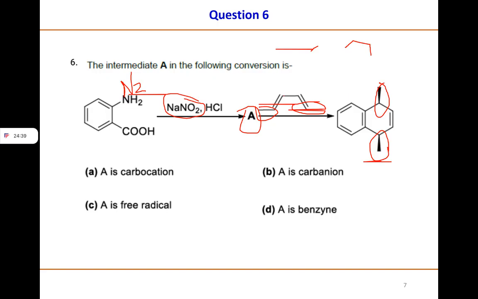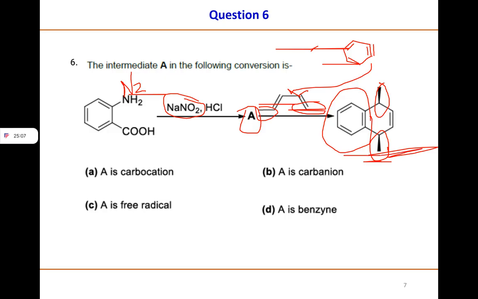So 4 pi electrons are there, right? That means this is acting as a dienophile, which has 2 pi electrons. If it is acting as a dienophile, it should have a pi bond here, which is participating in the reaction. If it undergoes cycloaddition with this diene, it will give this product which is given here.